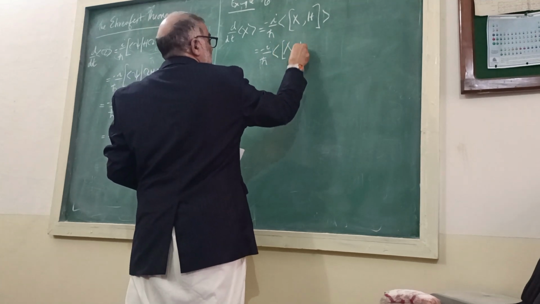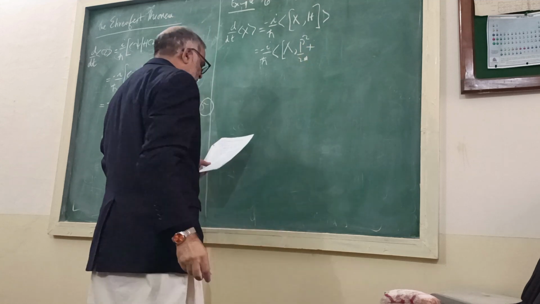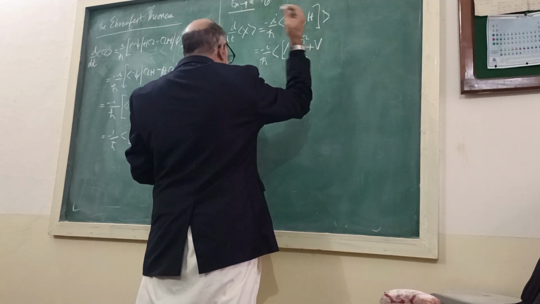Look, minus i by h cut, the commutator of x and p square divided by 2m plus V of x.